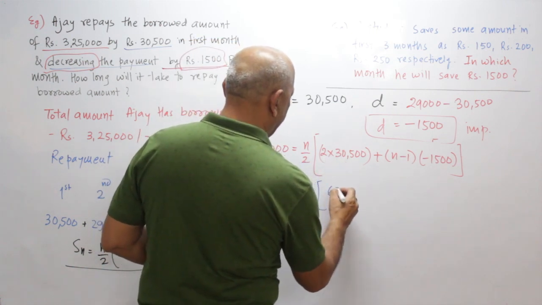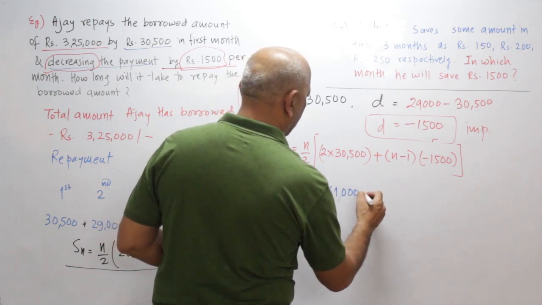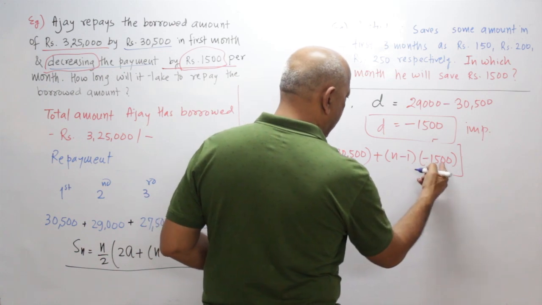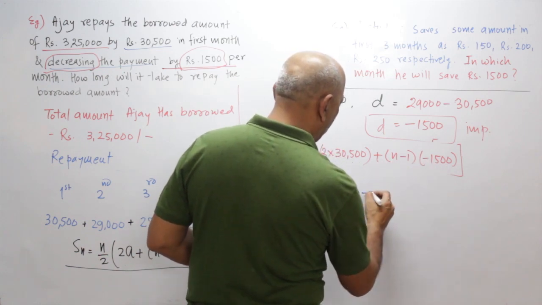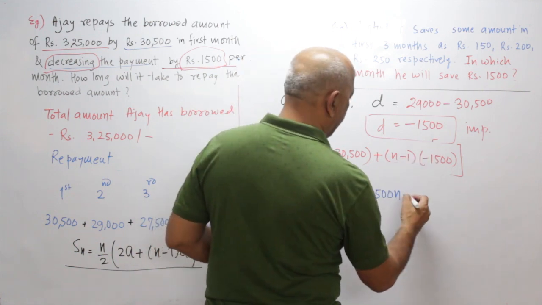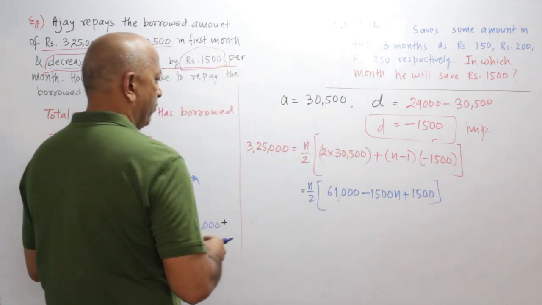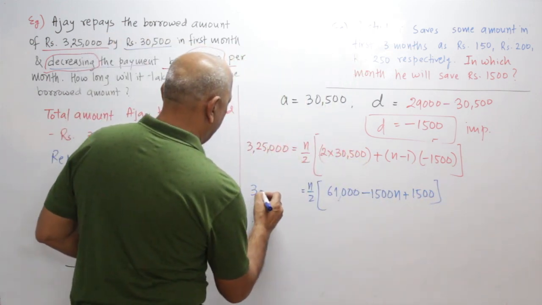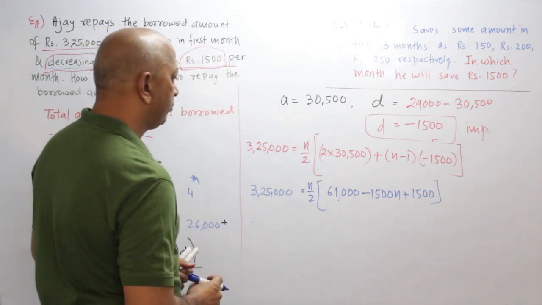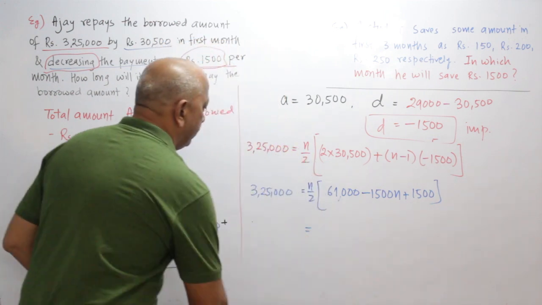2 times 30,500, so it's going to be 61,000. Now this is minus, so minus 1,500 into n, that is equal to minus 1,500 n. Minus minus plus, so plus 1,500. So that is the expansion. And that is equal to 3,25,000. So we'll solve this one.